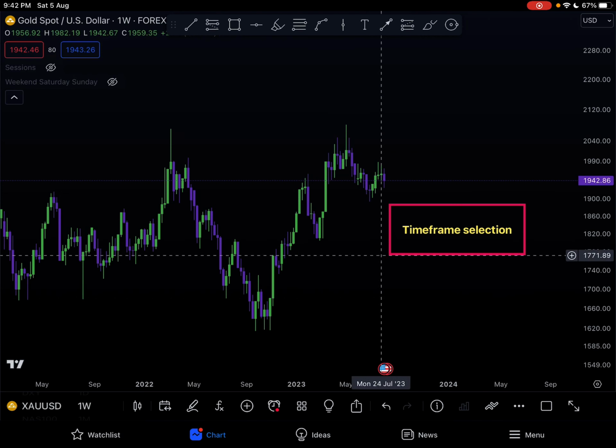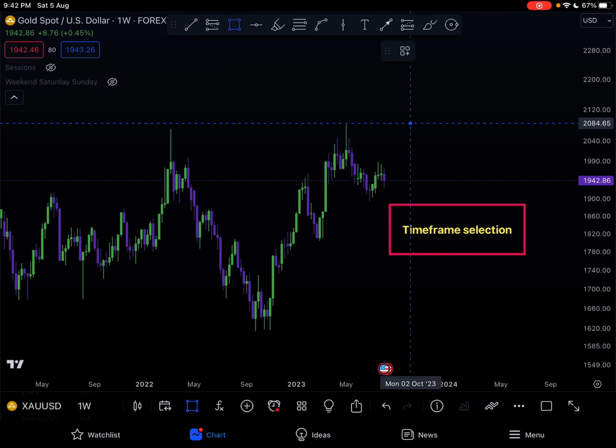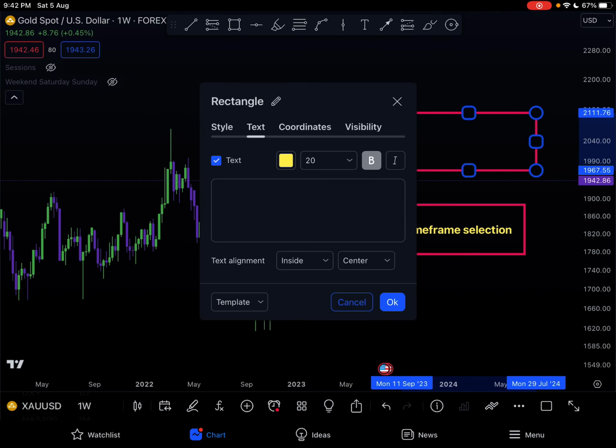Okay? But the big thing I want you to understand, right? This is why I don't want you to be scared of a certain time frame. It doesn't really make sense to be scared. Everything that we do, right, is fractal. What that means, everything that you see on a weekly chart in terms of phenomenon, right?